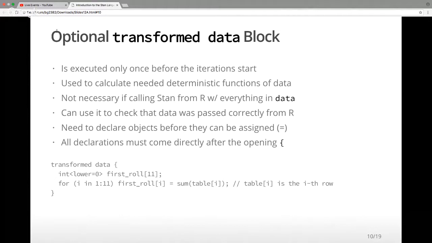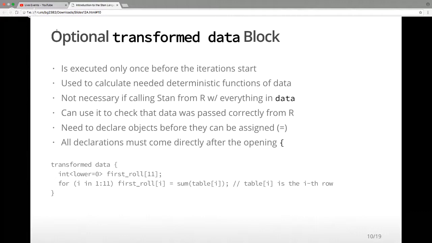You need to declare those objects before you can assign to them. So this is basically the same as when you're writing a Stan function. And any declarations must come directly after the opening curly brace. So here I'm going to define an integer array of size 11 that is going to count up the number of times that this or that thing happens on the first roll.